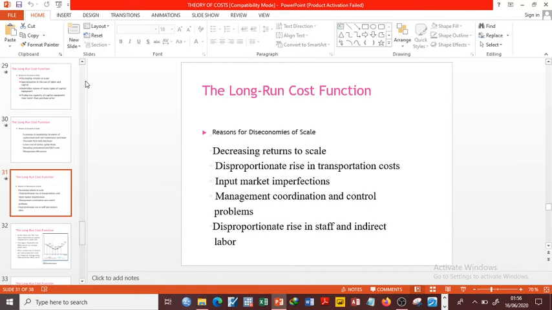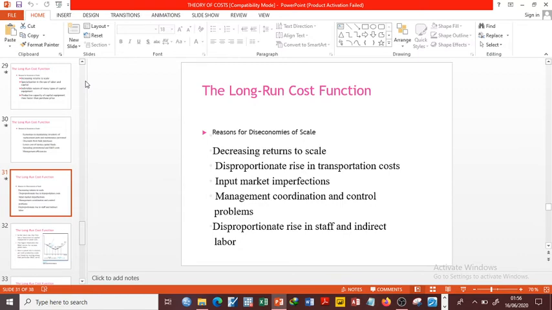Then disproportionate rise in staff and indirect labor. Just like I explained, I gave this example when I was explaining the law of diminishing returns. If the management is just employing workers, just increasing the number of workers without minding how the increase will affect the cost structure of the business in terms of increased salary payments, then at the end of the day the business is going to have problems.